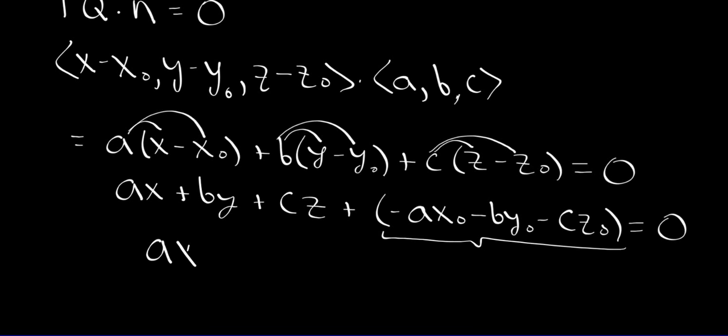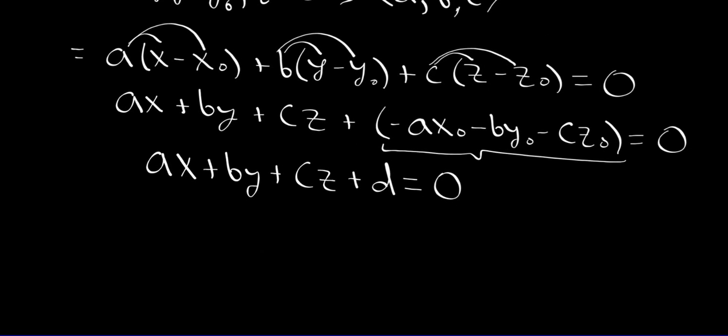So ax plus by plus cz, and don't forget the plus d, is equal to 0. That's our equation for the plane that contains x naught, y naught, z naught, and is normal to the vector with components a, b, and c.